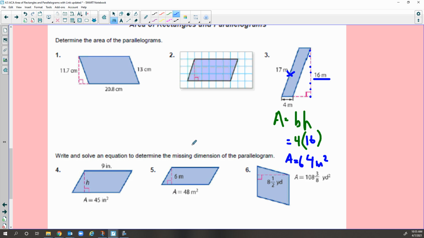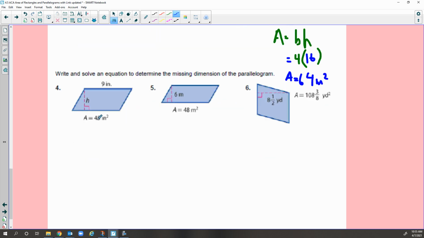Okay? This one, number 4, we're just working backwards a little bit. It gave us the area, which is 45, and it says find the missing piece. So it gave us the area, and we have the base, which is 9, times the height, which we don't know.